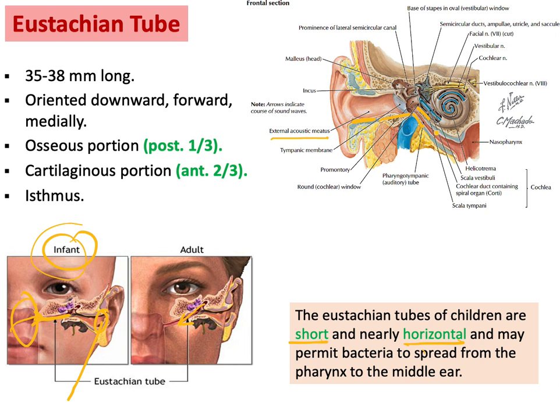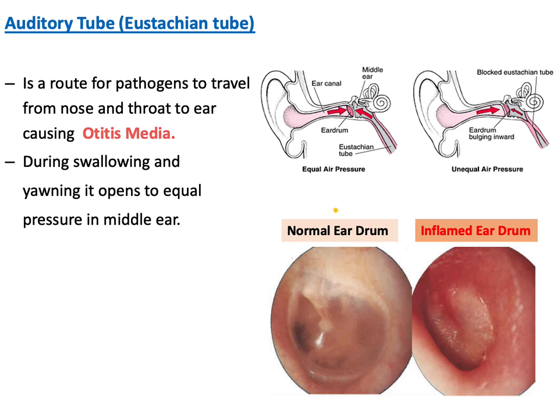That's the easier way to remember it, while the anterior two-thirds, as you see here, is cartilaginous, and the border between the bony part and the cartilaginous part is known as the isthmus, which is the narrowest part. Yes, we explained that the auditory tube or Eustachian tube is the source of infection from the nasopharynx to the middle ear, causing otitis media.